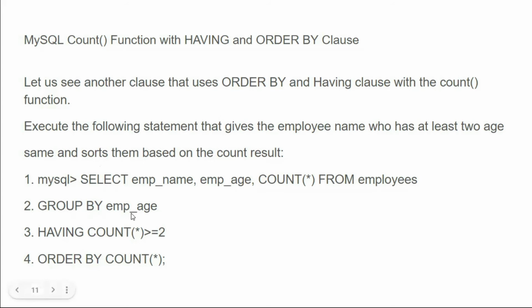I'm going to group them based on the age. After grouping, whichever group has more than or equal to 2, that alone I'm going to order by. And for the order by, I'm not going to give any conditions. Among these 2 or more, I'm going to make the order by.